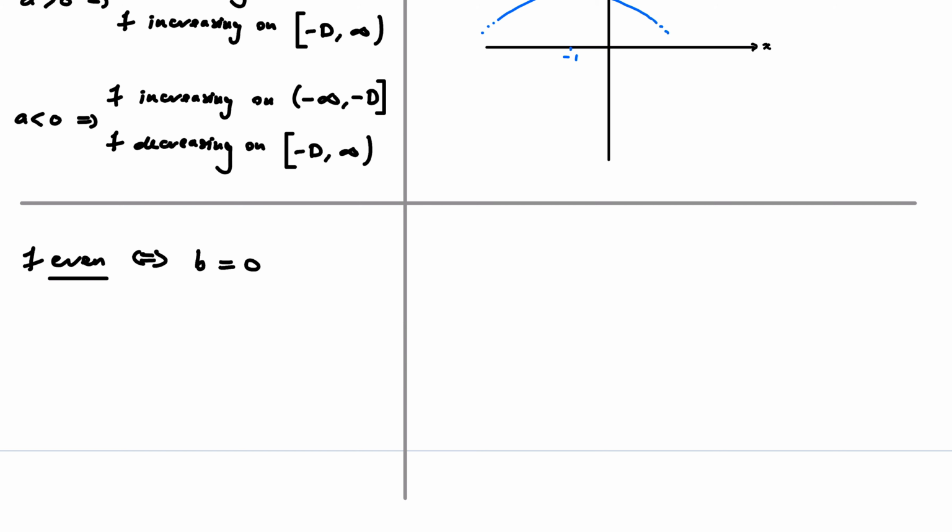So B is equal to 0. And F is never odd. The reason it's never odd is because you've always got the square piece. A is non-zero, so ax squared is always there. And we always know that if I have a polynomial, it's an odd function if and only if all of the powers are odd. And it's an even function if and only if all of the powers are even.